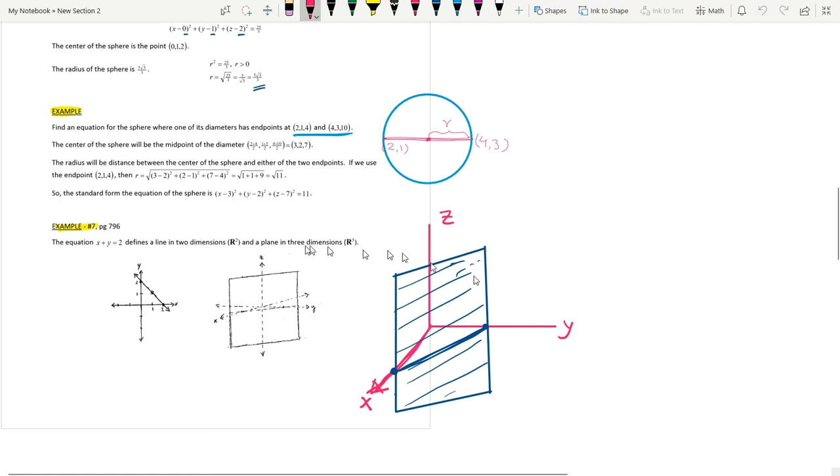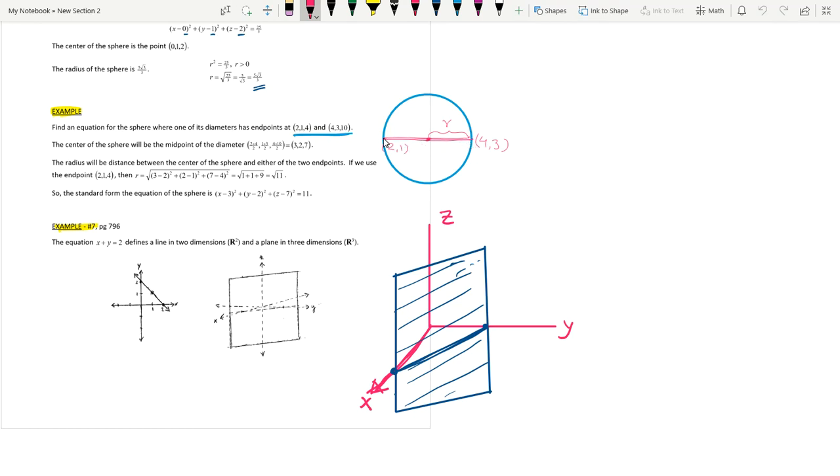Now, for the next example, we need to find an equation for the sphere where one of its diameters has endpoints at 2, 1, 4 and 4, 3, 10. Now, if you consider a circle, and suppose this is the diameter, and this point is 2, 1 and this point is 4, 3, then which one would be its center?